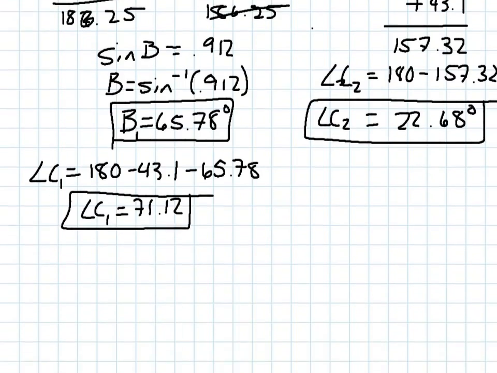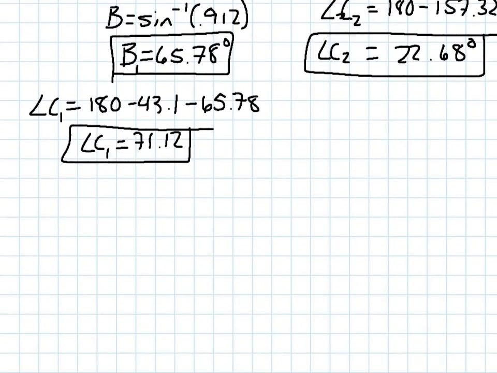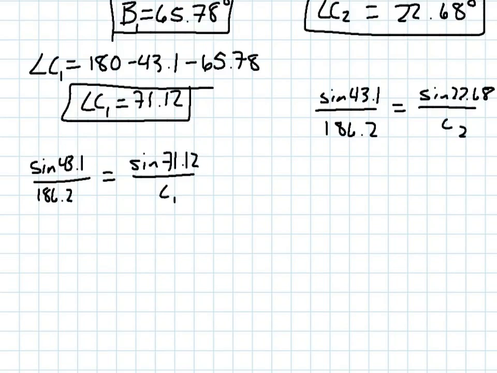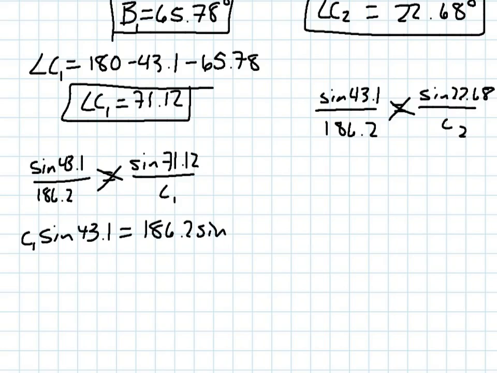Now I need to do law of sines again for both. So let me quickly set that up. So now I set up both of my law of sines for each individual side. So I cross multiply for both. Now the reason I use the original values is to get the most accurate answer possible, since I'm dealing with all decimals.